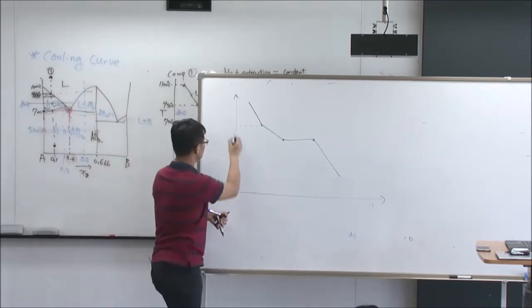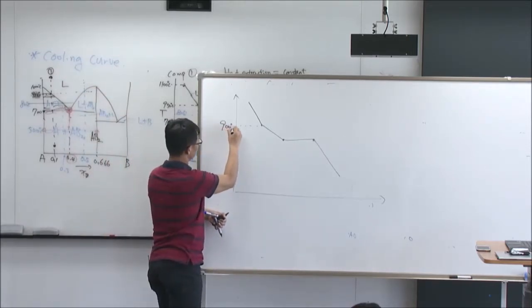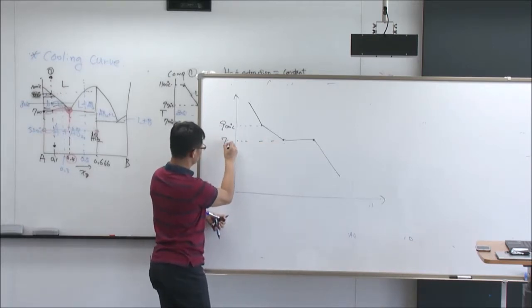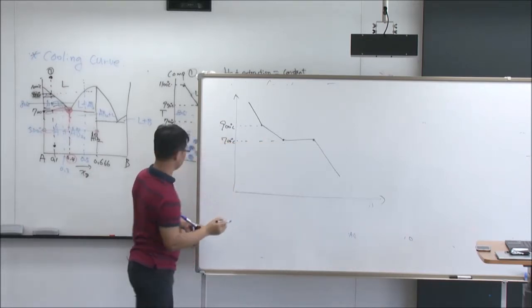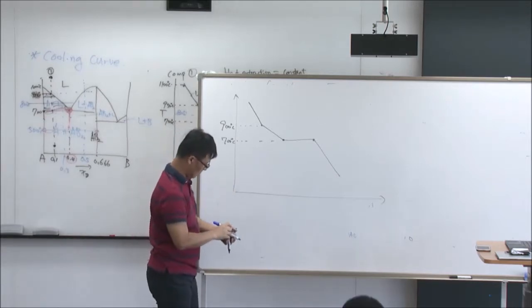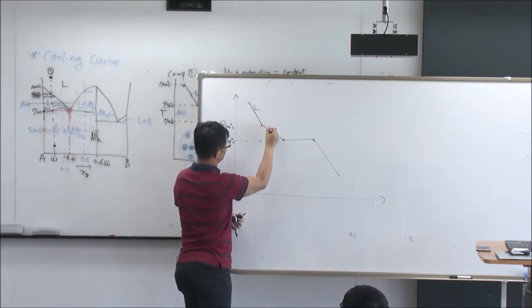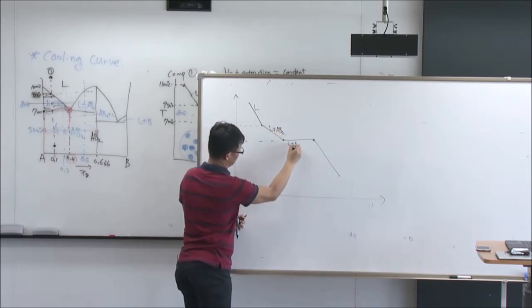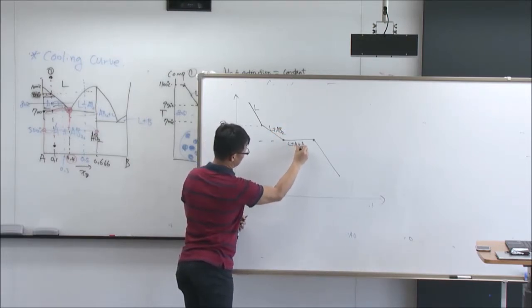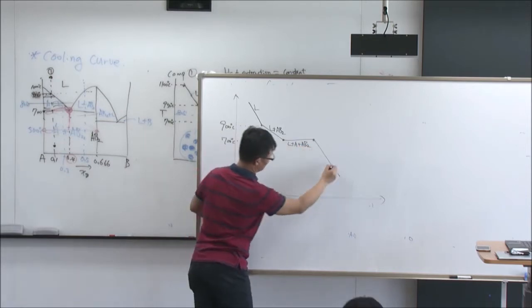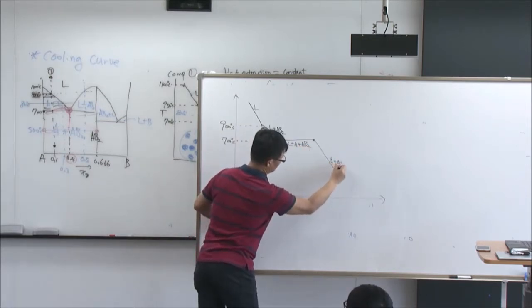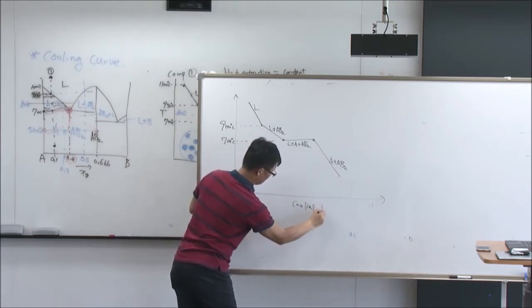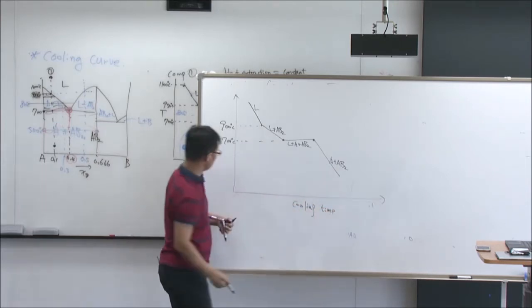Let's take about 900 degrees Celsius. And this one, the eutectic reaction, of course, 700 degrees Celsius, yeah? And then this is liquid plus AB2. Is it okay?